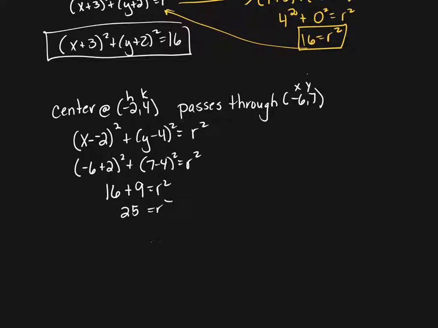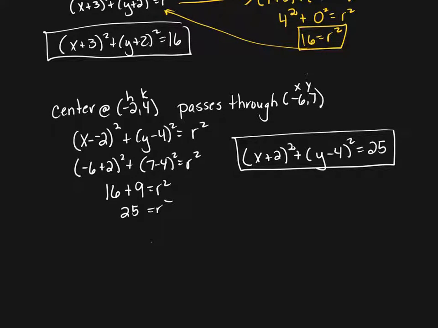So to complete, go back and put the x and y in. I'm going to have (x + 2)² + (y - 4)² = 25. This is the equation of my circle that passes through -6, 7, but has as its center -2, 4.